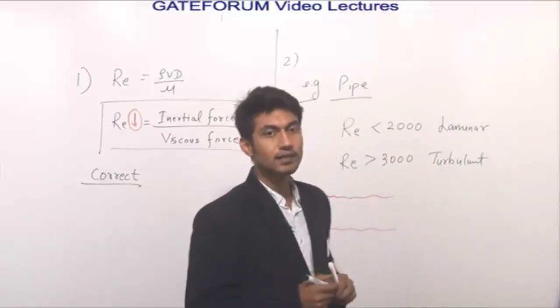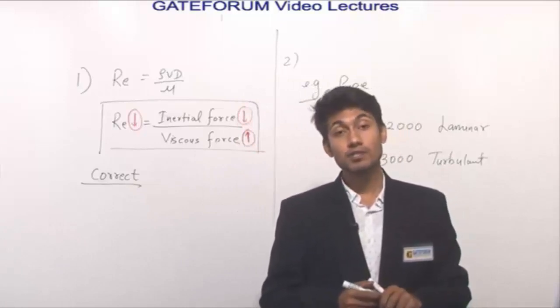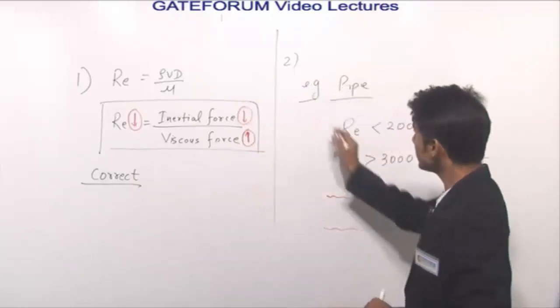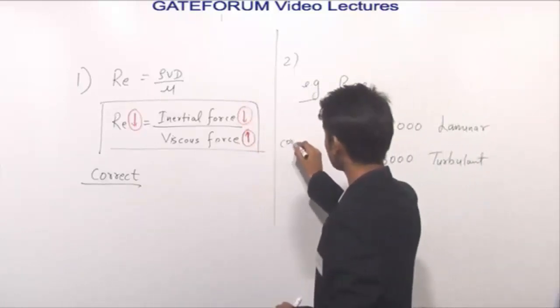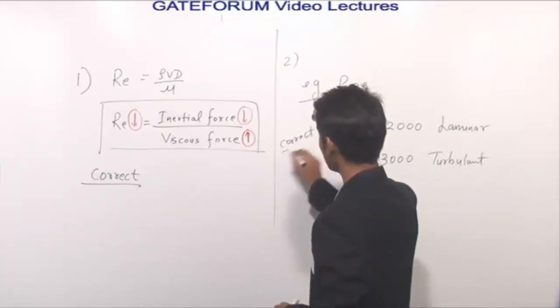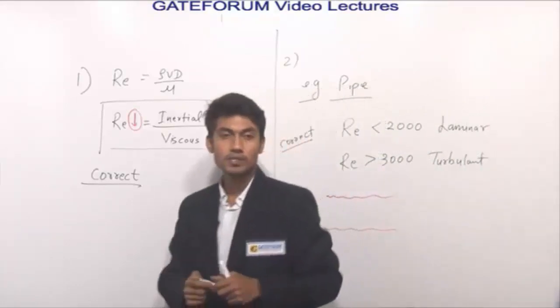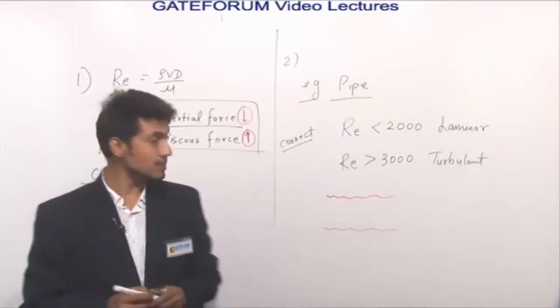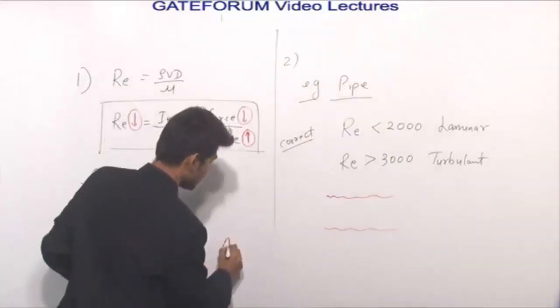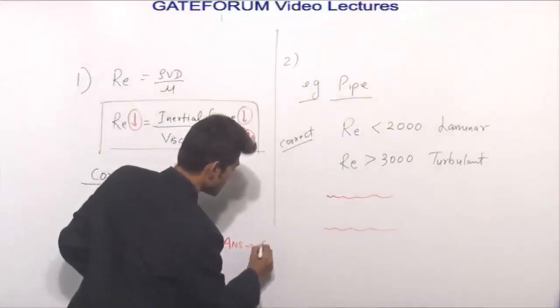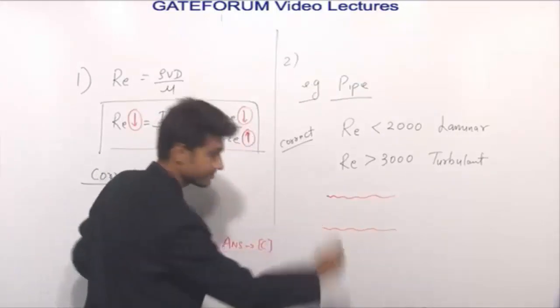So it is correct that it depends upon the surface presented to the flow. So statement 2 again is correct. So statement 1 and statement 2 are both correct. The option given is C. So the final answer should be C.